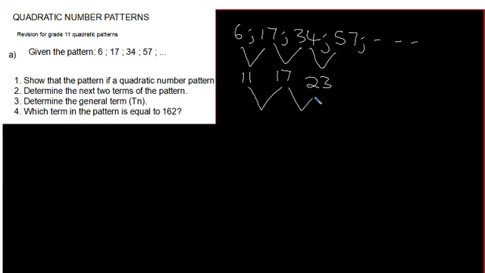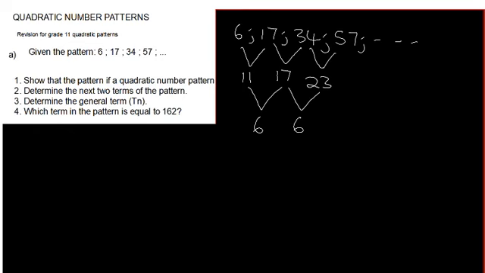Now let's look for the second line of difference. From 11 to 17 it's a 6, and 17 to 23 is also a 6. So you can see that the second line of differences is constant. This shows that this is a quadratic number pattern.